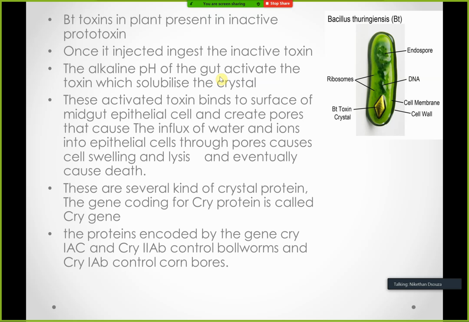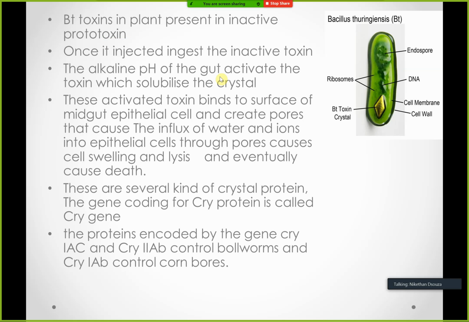Once it gets activated by the alkaline pH, this cry protein goes and binds to the surface of the midgut epithelial cell. As the lining of the gut is epithelial, it binds and creates pores that cause the influx of water and ions into the epithelial cells.